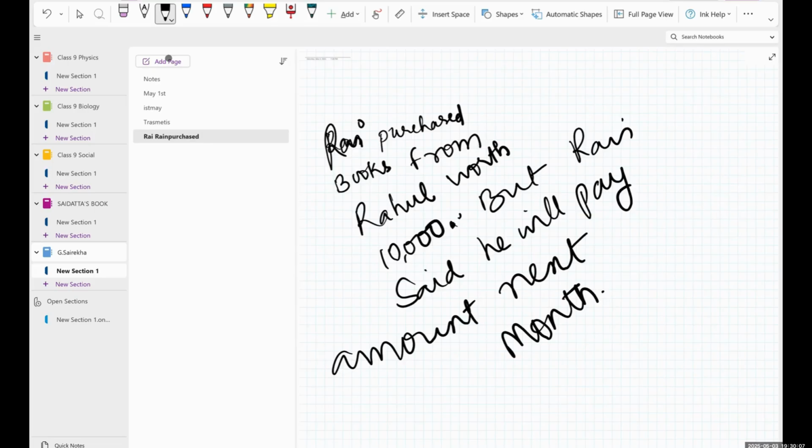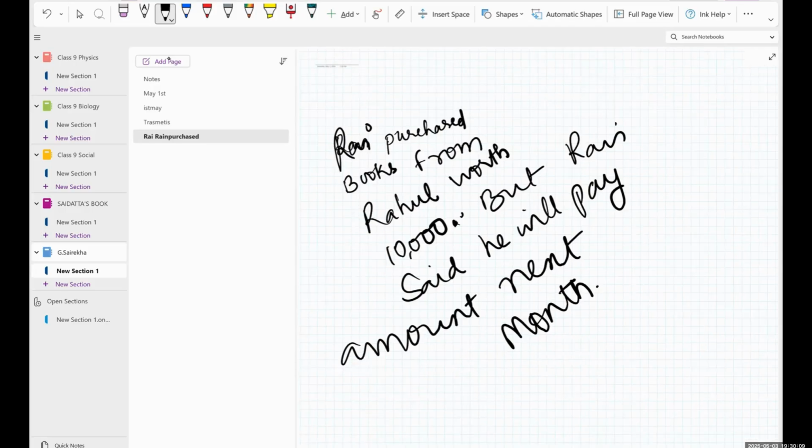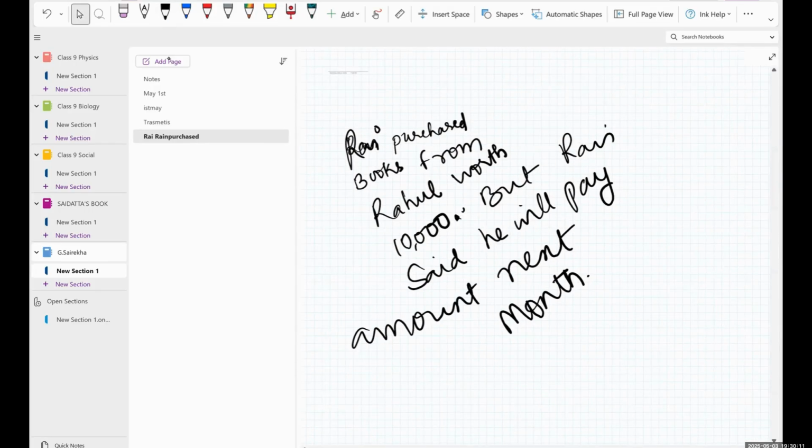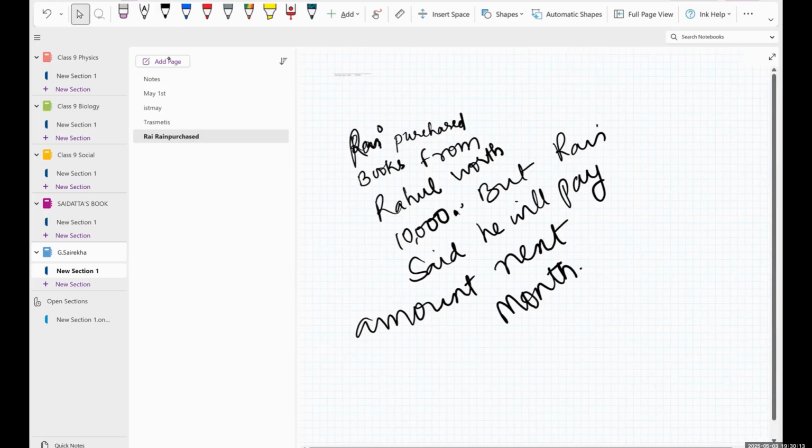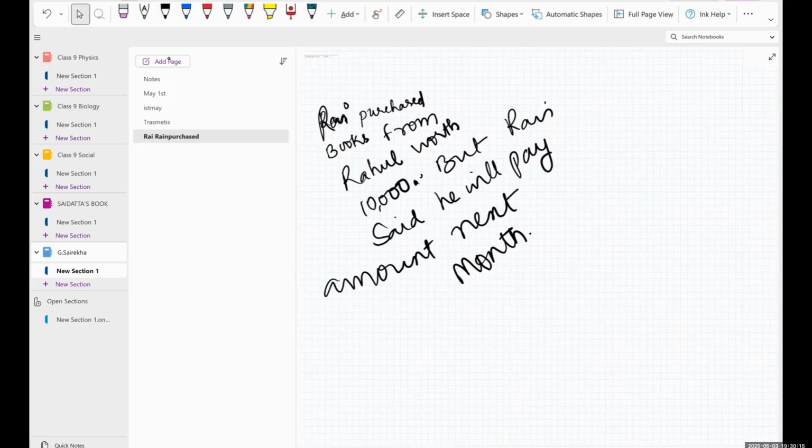So, is the first one a cash transaction or a credit transaction? A cash transaction means what will happen? Immediately he'll pay the cash now. But in this, what did Ravi say?